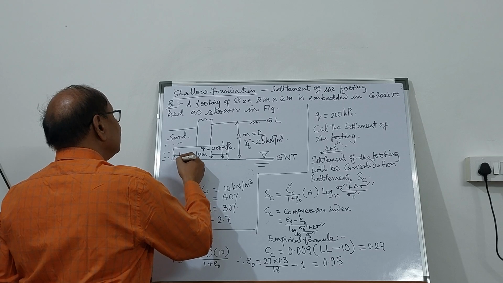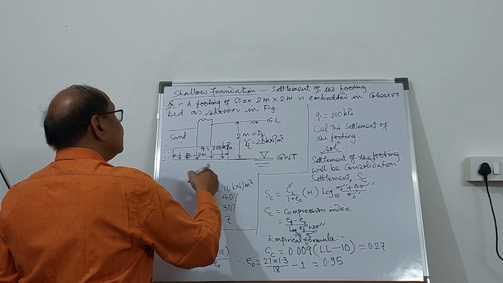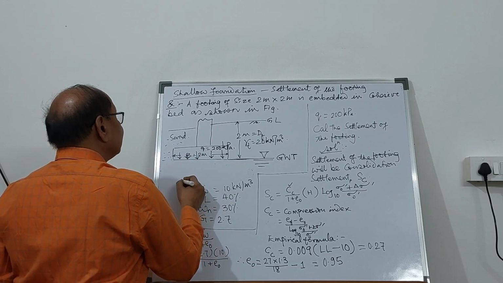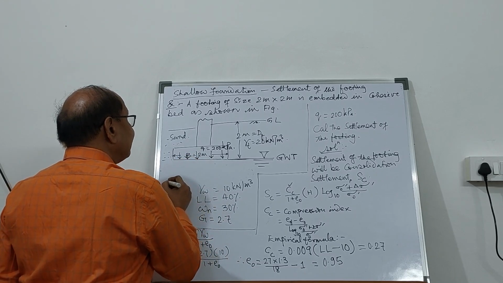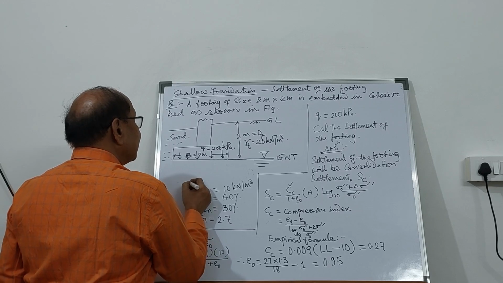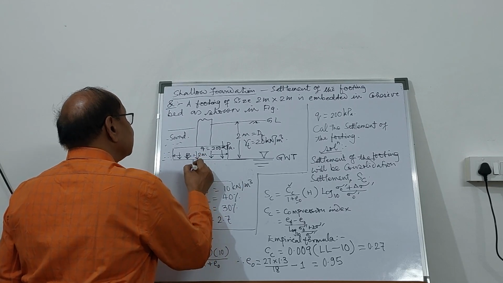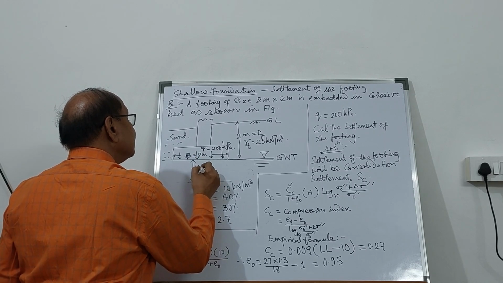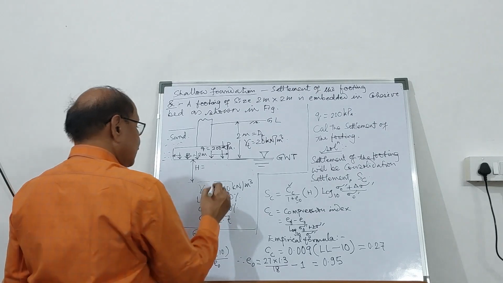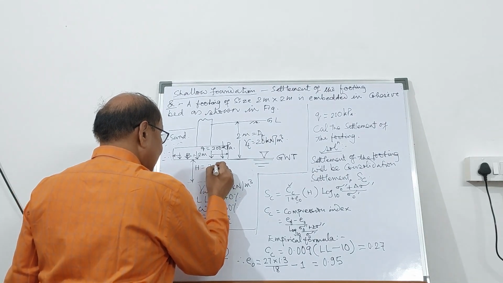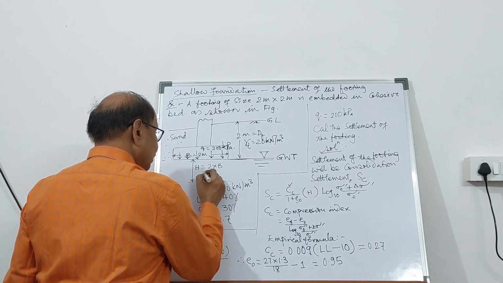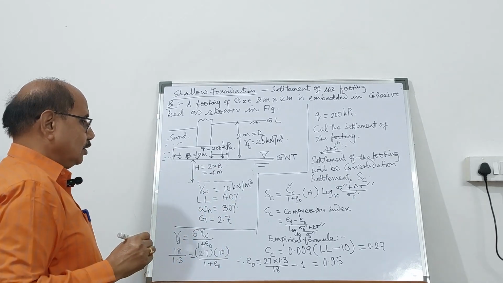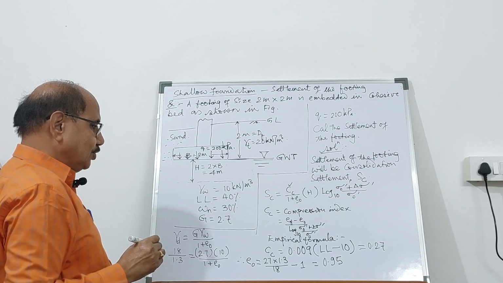That pressure bulb is going to be up to a particular depth, and that depth from the shear criteria is taken as capital H, the depth of influence. It is going to be 2 times the width of the footing. So this is going to be 4 meter. So I know the value of H.